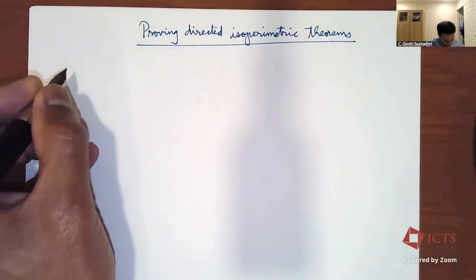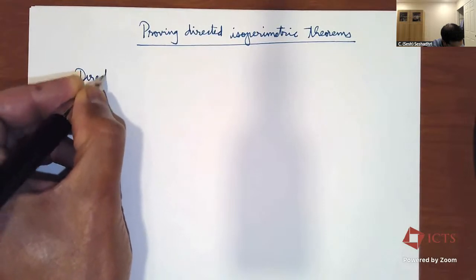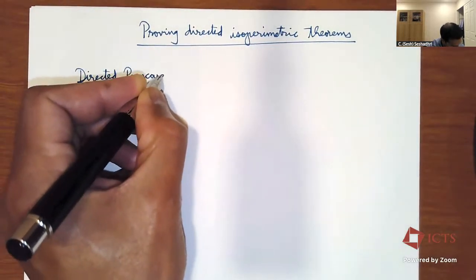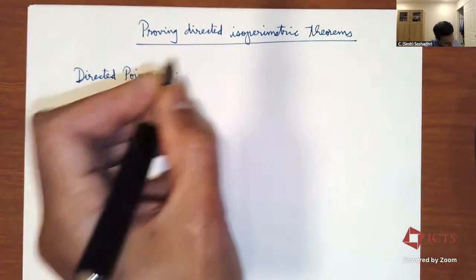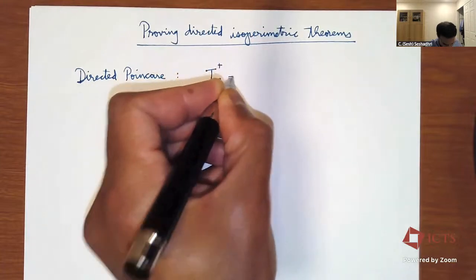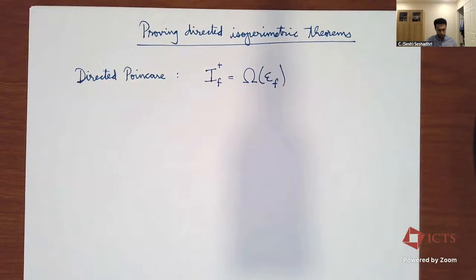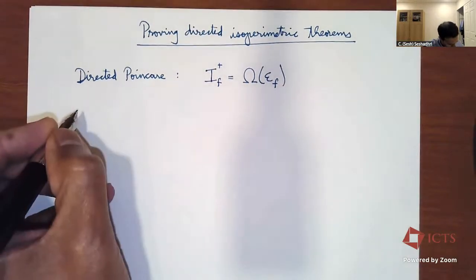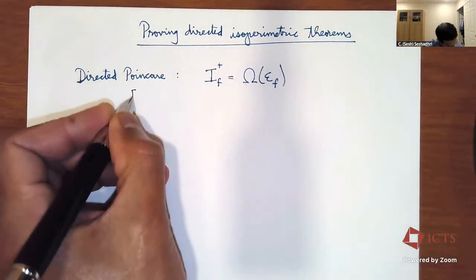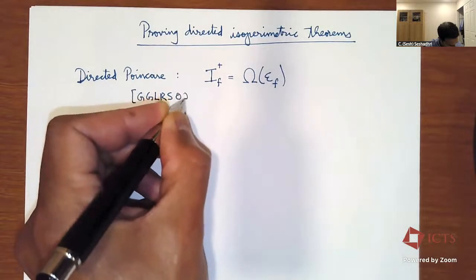So let's start with the simplest, the directed Poincare statement, which was basically just this directed influence is omega of the distance to monotonicity. I will show you the proof that was given by GGLRS.